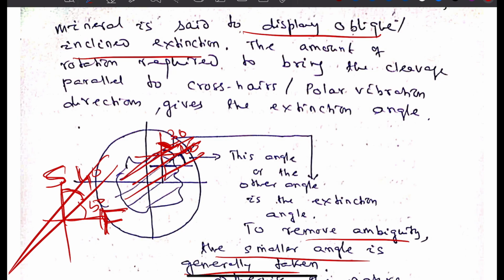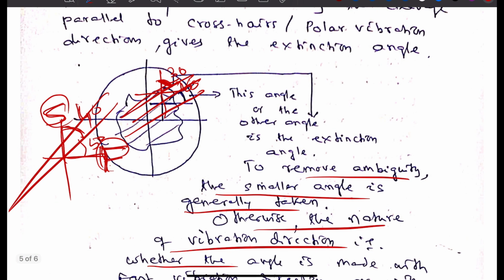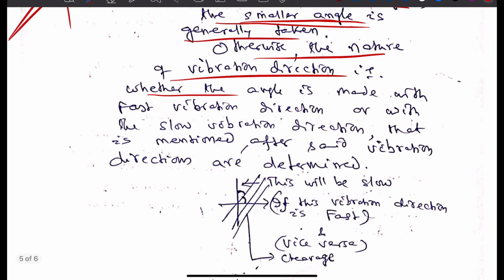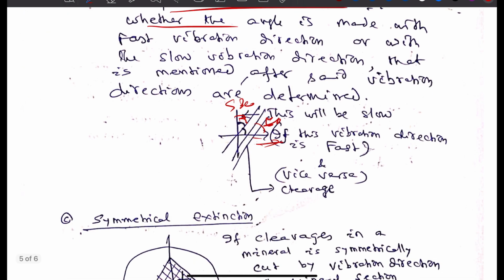Otherwise, if you are not measuring the fast or slow vibration direction of the mineral section, in that case we will take the smaller angle to remove the ambiguity. That's why we take the smaller angle. So this has been explained. If this is the slow, this will be the fast. So with slow it is 30, with fast it will be 60, like this.